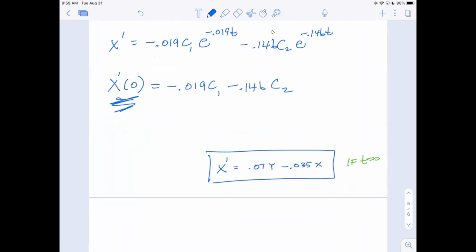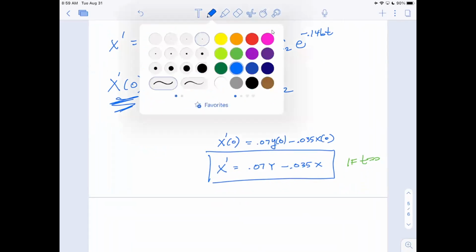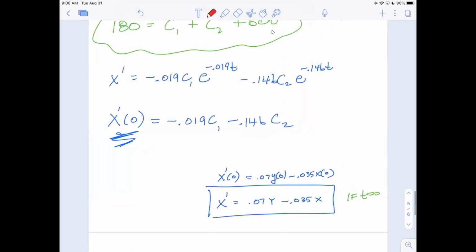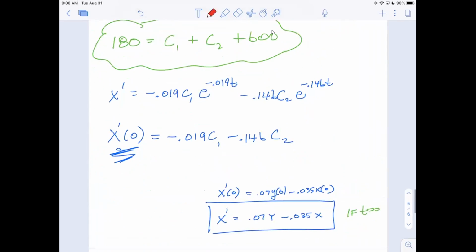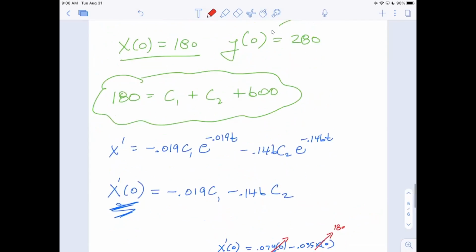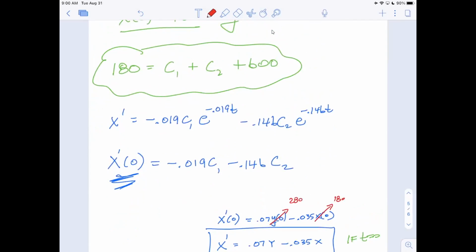So does that equation we brought down help us to figure that out? I mean, if I plug in 0 for t, then isn't this automatically y evaluated at 0 minus 0.035 times x evaluated at 0? And so, don't I actually know that x evaluated at 0, even though I don't even know what the equation is here, was 180, and y evaluated at 0, even though I've never even addressed that problem, is 280.